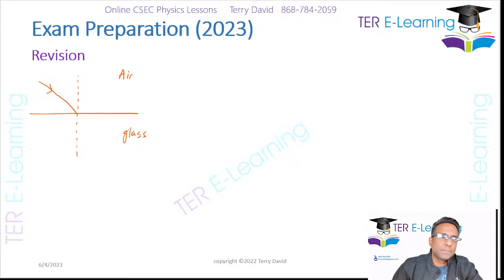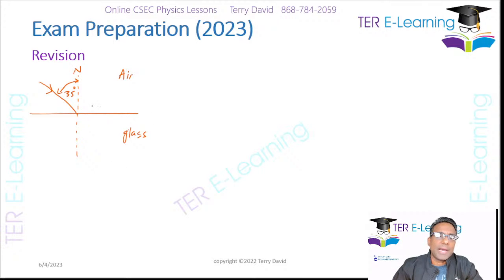Let's say, so we're doing a little ray optics here. Let's say I have an incident ray on an air glass boundary, and let's say this angle here is 35 degrees. That's my angle here, 35 degrees. This here represents my normal.